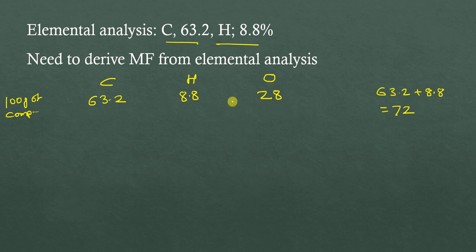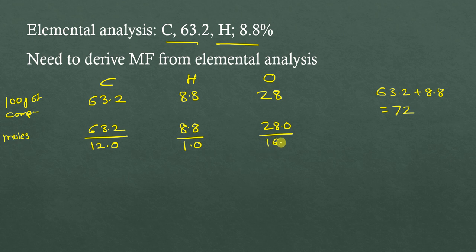So here we will find out the moles of these elements. How to find the moles? The weight of the element divided by its atomic weight. So 63.2 divided by 12.0, 8.8 divided by 1.0, 28.0 divided by 16.0.